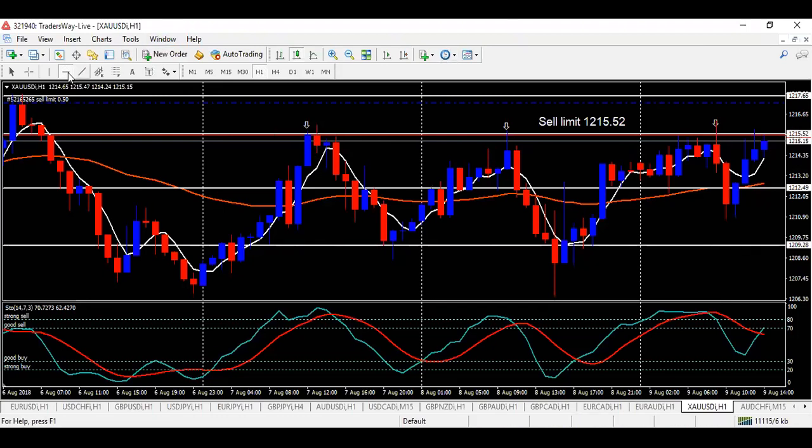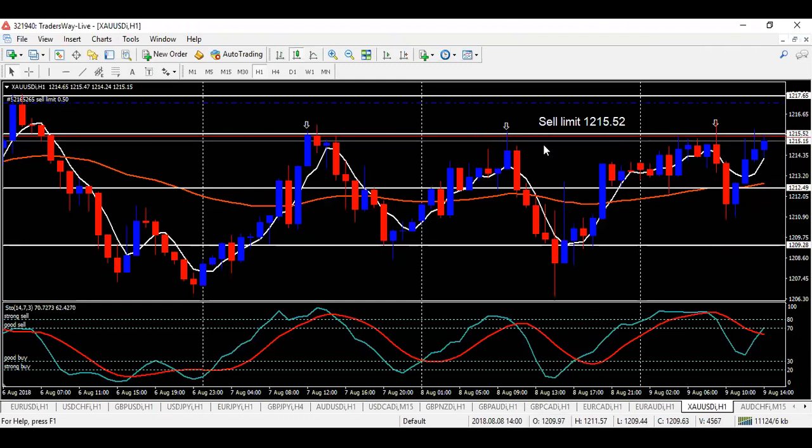So the teacup is basically, this is what a teacup is. Bullish, bearish, this is a lower high, or it could be a lower low. Once you establish that, you come up here and place your horizontal line, which is your resistance line basically, on the body of the bullish and bearish candlestick. That gives you a sell limit, which in this case was 1215.52.